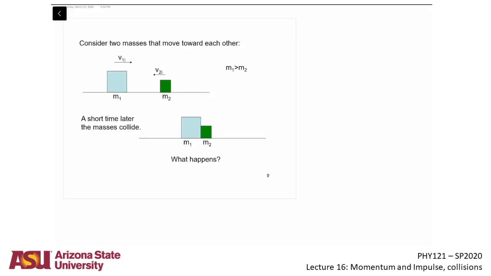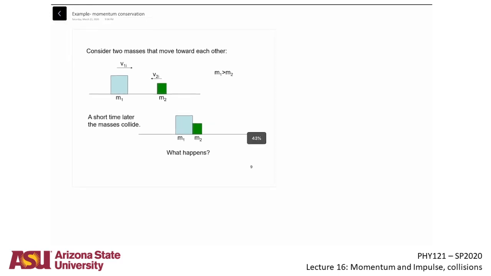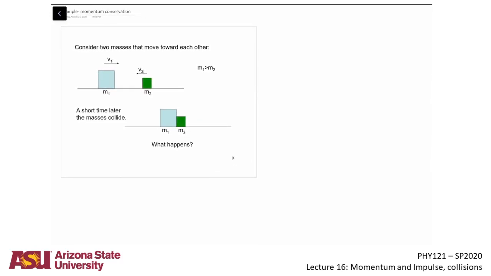So first I want to draw a free body diagram for M1 and M2. So this is M1, right? This is, let's say, X, this is Y. Gravity points this way, so it has some weight, it has some normal force, and when M1 and M2 collide, there will be a contact force between M1 and M2. So this will be F21, and there will be some F12.